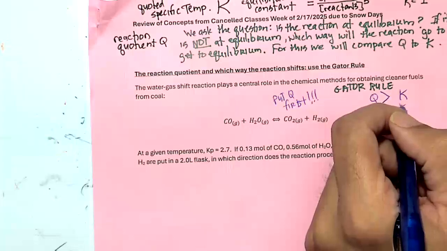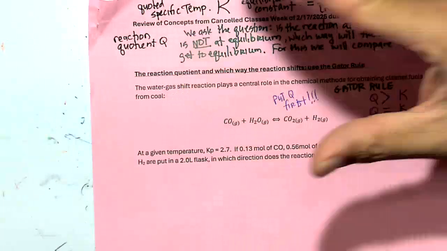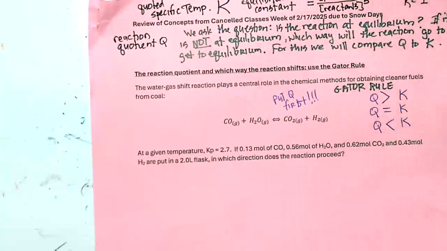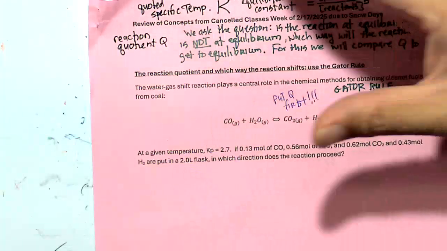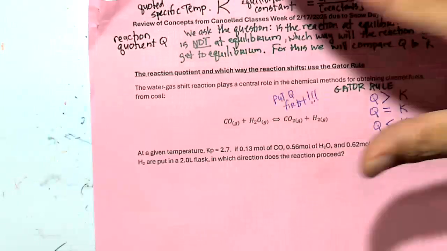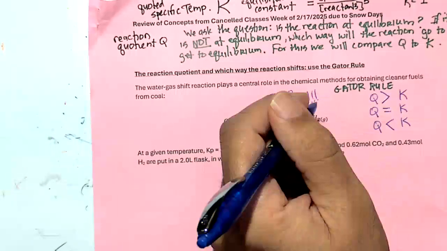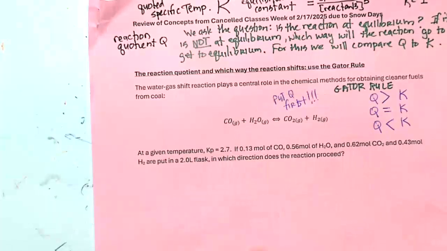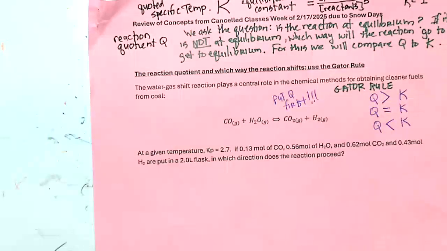If Q is greater than K, pretend this is a gator claw, a gator chomp. Which way is the gator chomp pointing, the reactant side or the product side? Reactant side. So are you at equilibrium? No. Which way will the reaction go to get to equilibrium?